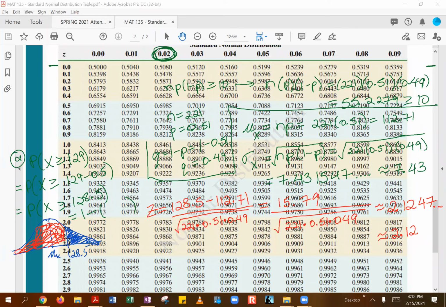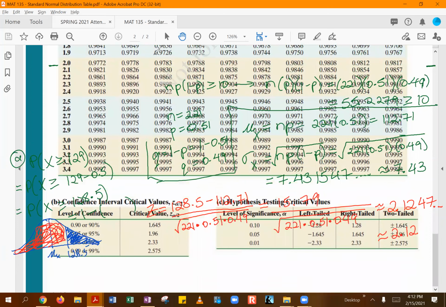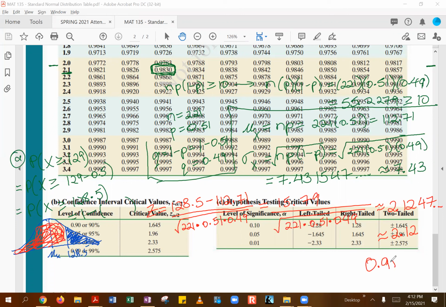And then we need to look for 2.1 on this left hand side. So you will be going to 2.1 over here. Remember, the third column is the 0.02 column. So this is your probability. For this z-score of 2.12, your probability comes out to be 0.9830.